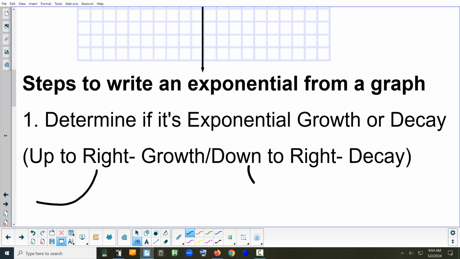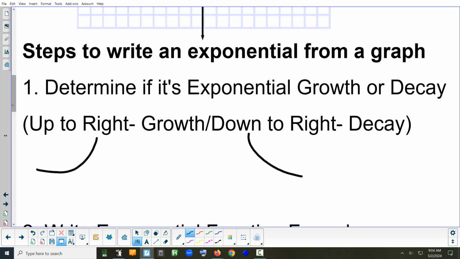If it goes down as you go to the right, that is decay. In that step there's no calculation, you're really just looking at the picture. You're going to write that where it says steps to write an exponential from a graph.